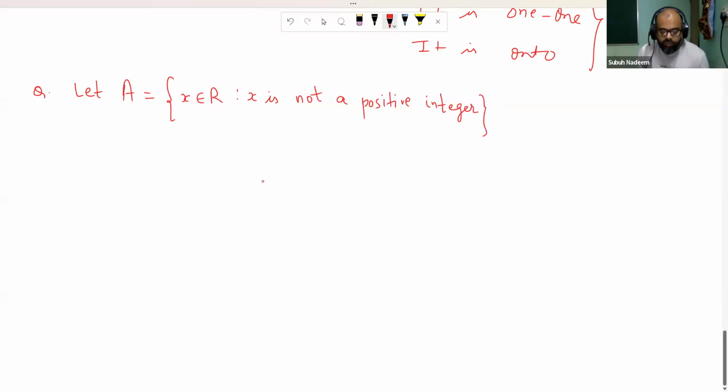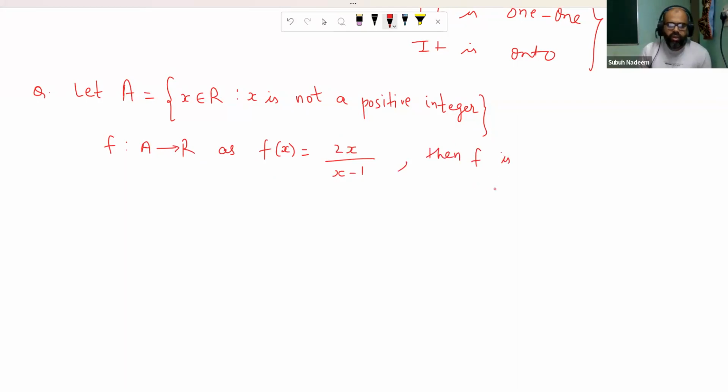Define a function f from A to R as f(x) is equal to 2x by x minus 1. Then again you have to find out whether f is 1-1, many-1, onto or into. So this you have to tell.